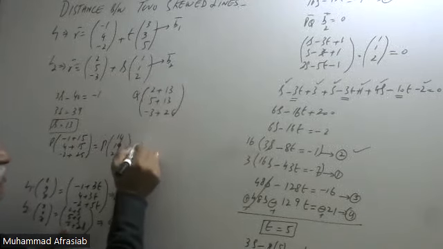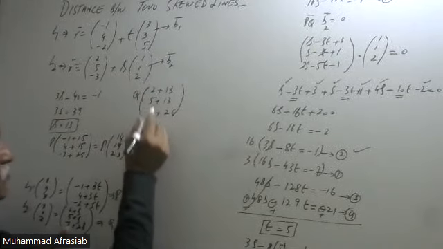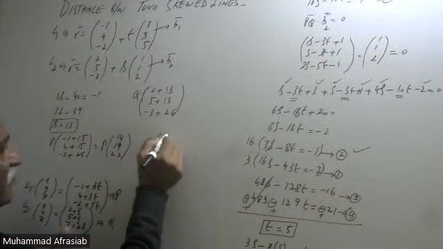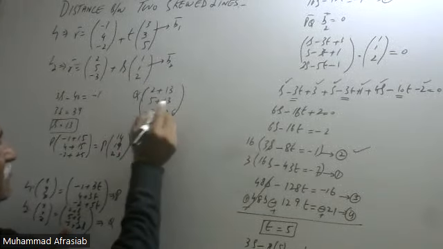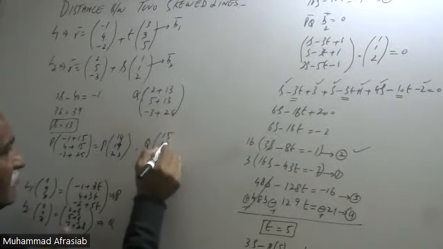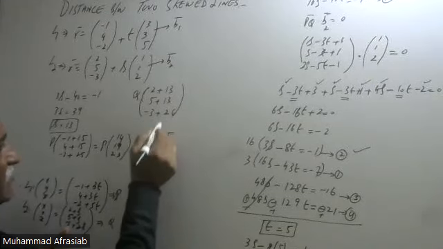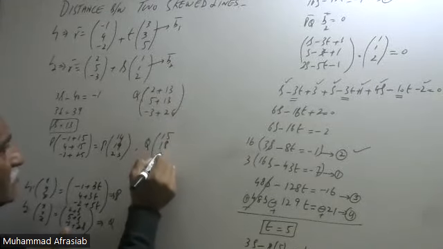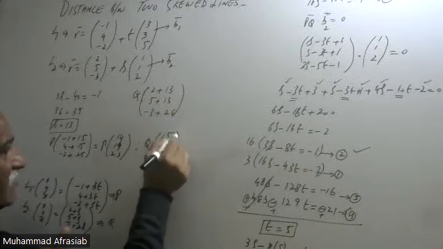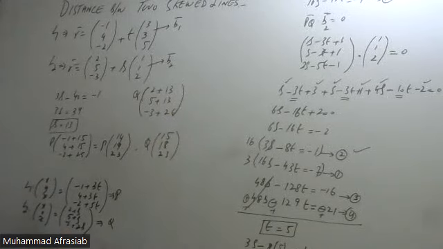So the coordinate of Q is equal to 15, 5 plus 13, 18, and minus 3 plus 26 is 23. So these are the two coordinates of P and Q we have calculated from these two.